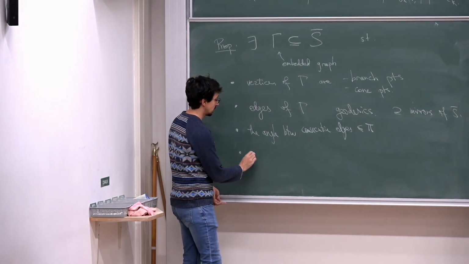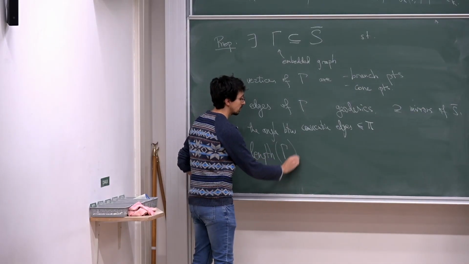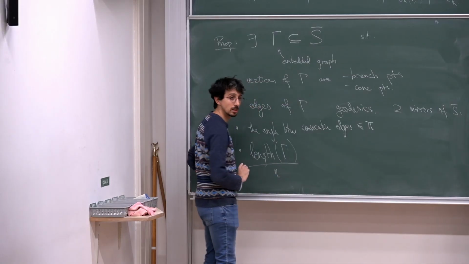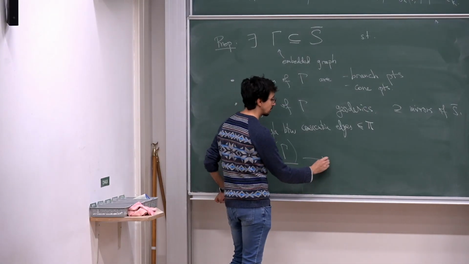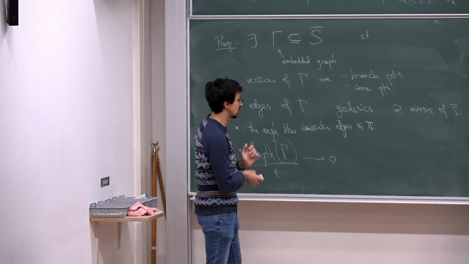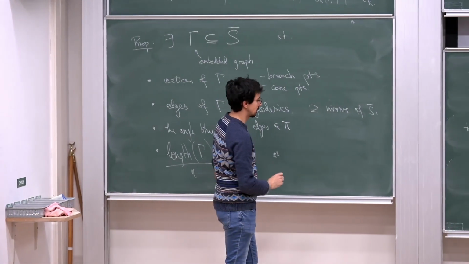And finally, the total length of gamma divided by n, the degree of the covering, goes to 0, meaning as the parameter, delta, goes to 0.